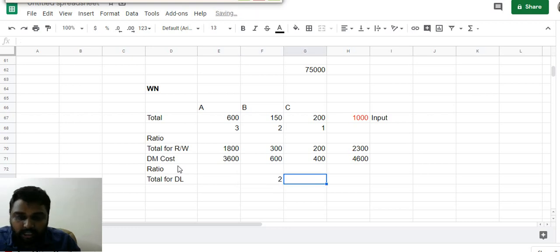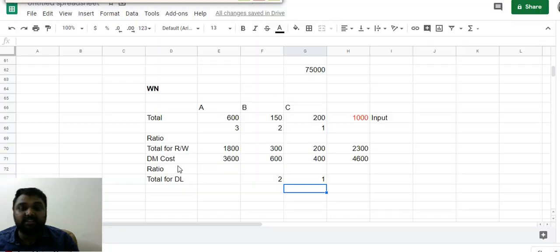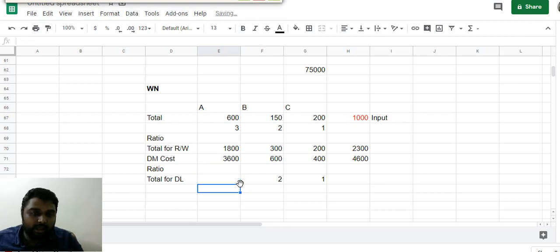C requires half, so it will be 1. A requires double the time required for 1 unit of B and C. So B and C together are 2 plus 1, which is 3. So 3 into double the time will be 6.